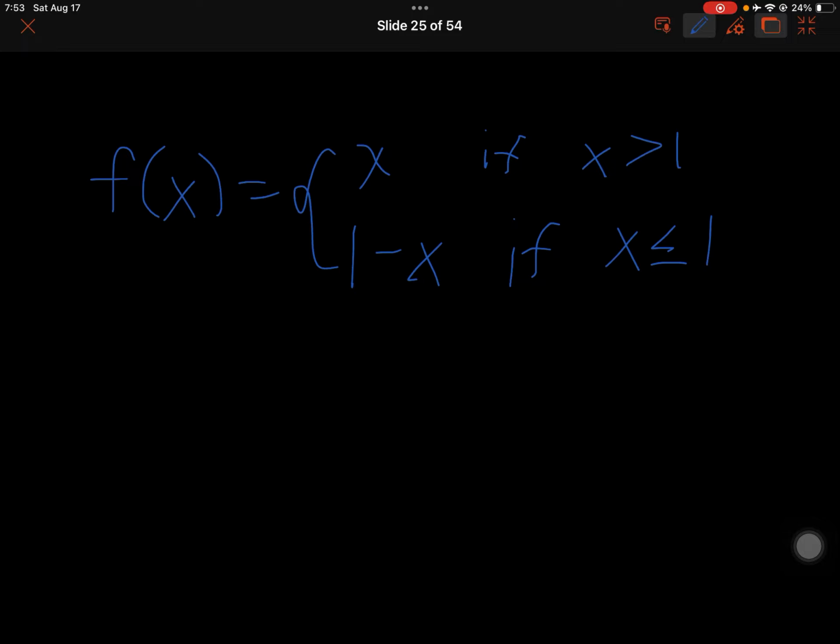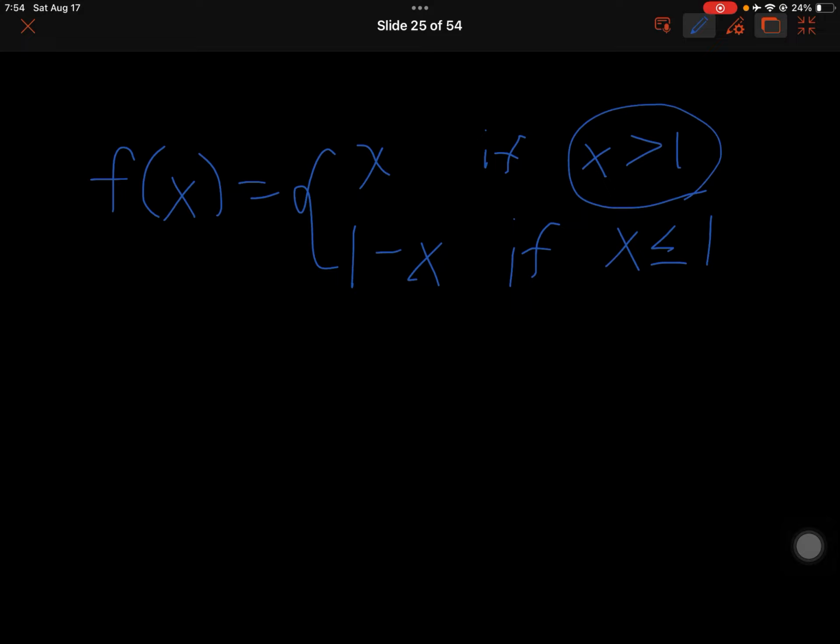An example, as simple as f of x is equal to x if x is greater than 1, and 1 minus x if x is less than or equal to 1. For this particular example, we have two domains. The first domain is x greater than 1, for example 2, or 1.5, or 1.05, or 100.